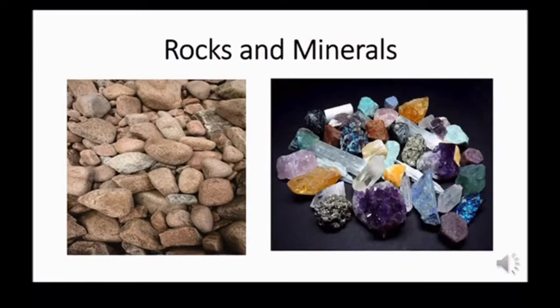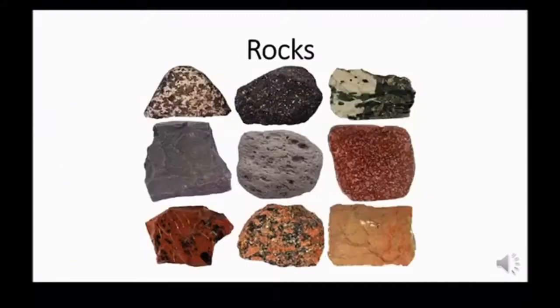Boys and girls, do you know the difference between a rock and a mineral? A rock is a hard, non-living thing that comes from the earth. Rocks come in many sizes, shapes, and colors. Some rocks are marble and sandstone.